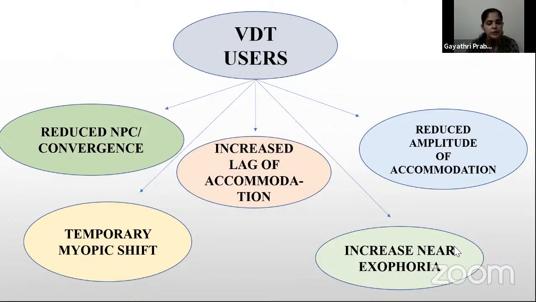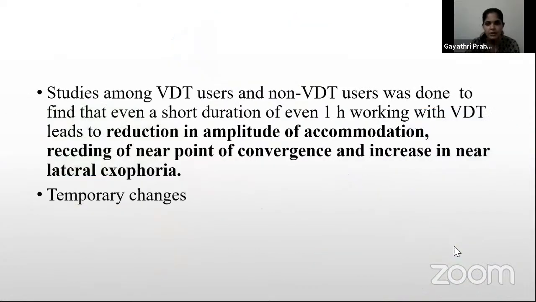It takes a while to relax, even after we stop using the screen. So that state wherein the eyes remain in an accommodative position causes that temporary myopic shift. Again, this is temporary in nature. It goes off after 2-3 hours or after some time of rest. But if this remains like this for a constant period of time, then it can lead to permanent myopic changes or a myopic shift as well. Right, this is the same as what I had explained.